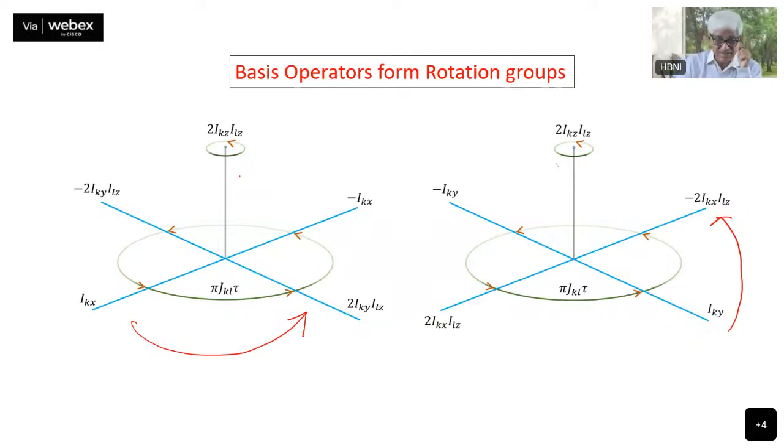You can extend this: if I start with 2 I_kx I_lz, what will I get?